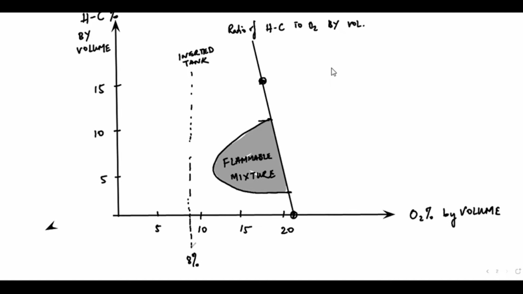How easy is it to measure the oxygen percentage and hydrocarbon percentage at each and every corner of the tank? It is difficult, sir. We can only measure from some few places. So based on that reading, we are going to keep it at 8%, right? And that does not mean that the whole tank will have 8%. We are only able to measure at some few places.